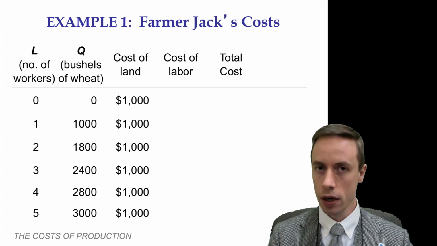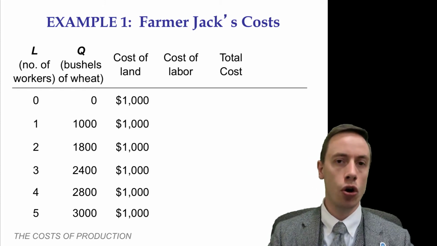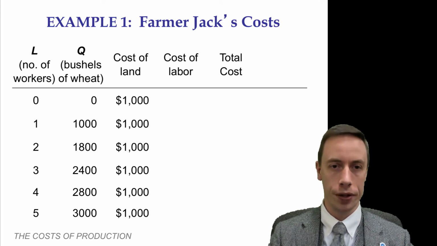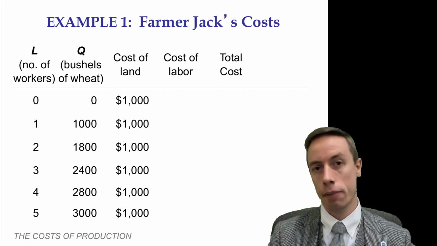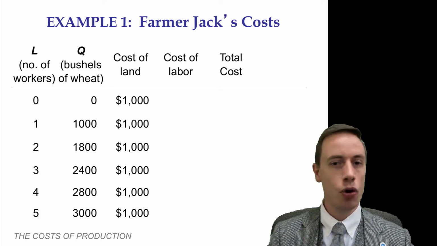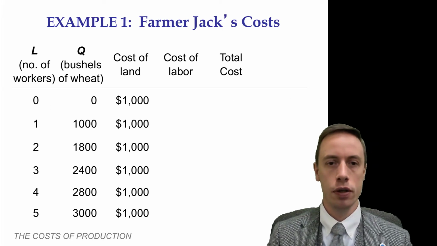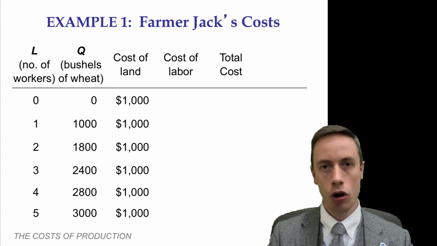Special note, notice the $1,000 also appears when Farmer Jack is producing no wheat. That's because when we set up a table like this, the 0 production row, often the first row of a production function, represents the business existing but not operating.